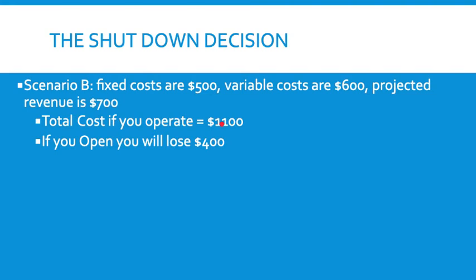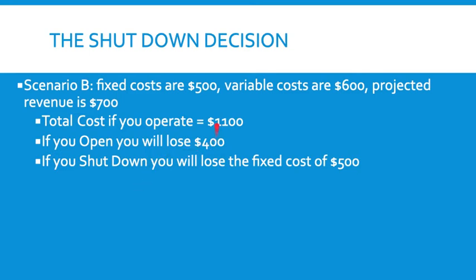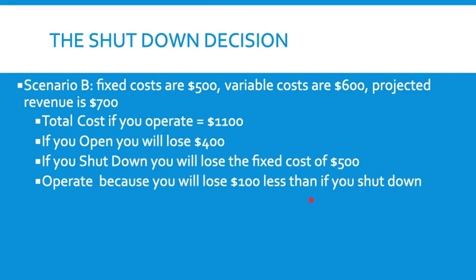So $1,100 minus 700, you're going to lose $400 if you open. No matter what, you're not making a profit. But if you close, you're going to lose $500 because you're not going to make any revenue, and you're going to have to pay that $500 no matter what. So if you shut down, your fixed cost will be $500. So in this case, even though you're going to lose money if you open, you're still better off opening and losing $400 rather than $500. You'll lose $100 less if you operate.